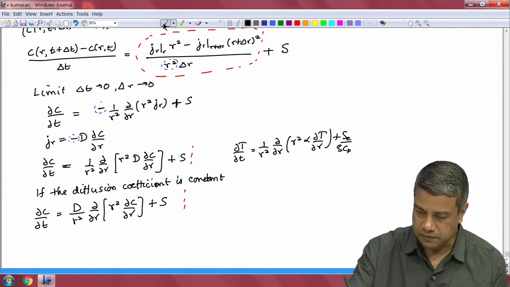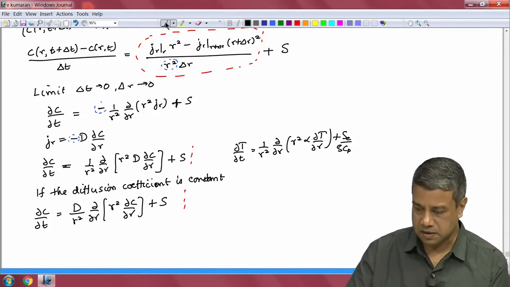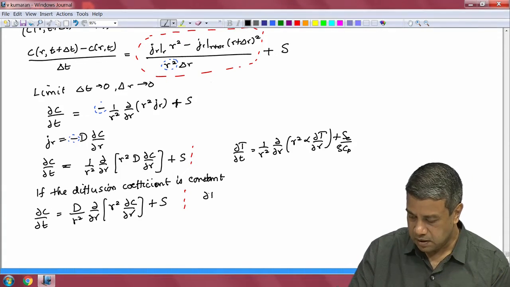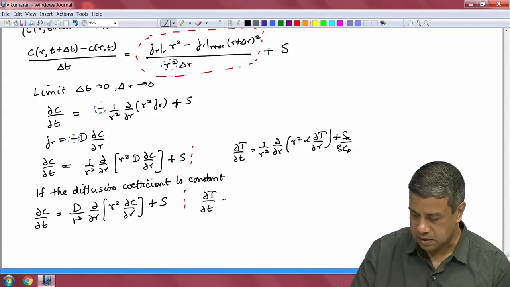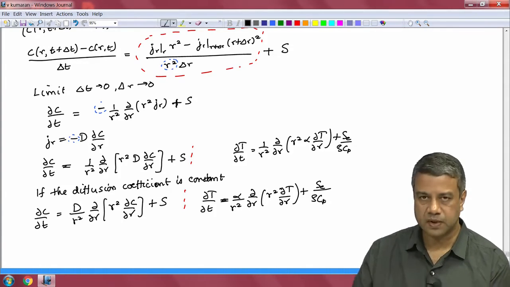If in addition the thermal diffusivity is also a constant, then I will get partial T by partial t is equal to alpha by r square d by dr of r square partial T by partial r plus S by rho Cp.